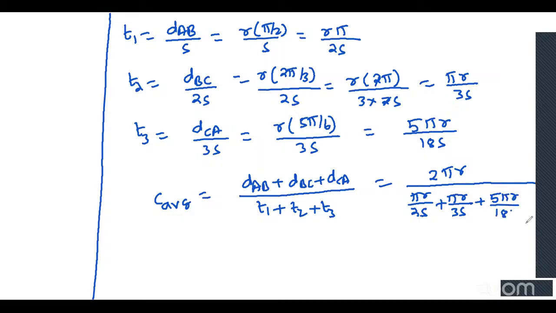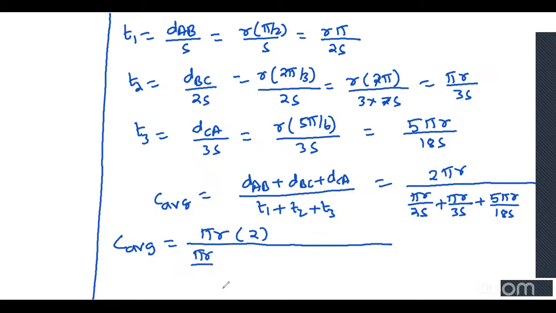So V average equals 2 pi R. I will write it as pi R into 2. In the denominator, pi R by S I can take common: 1 by 2 plus 1 by 3 plus 5 by 18.